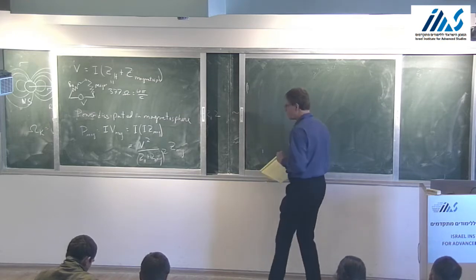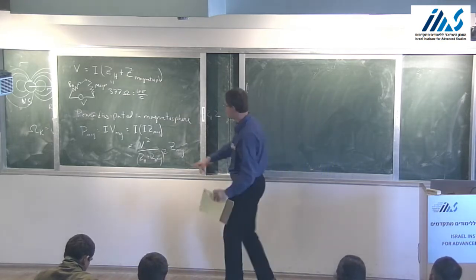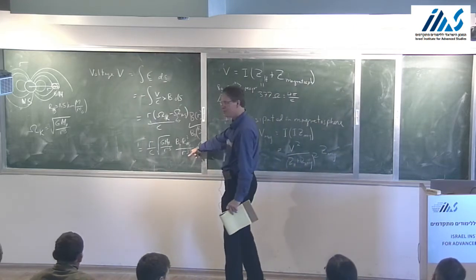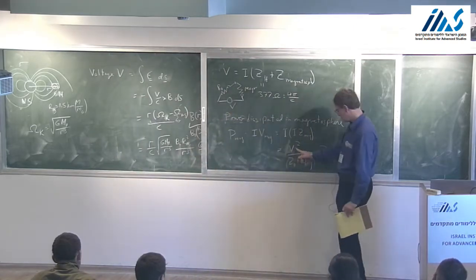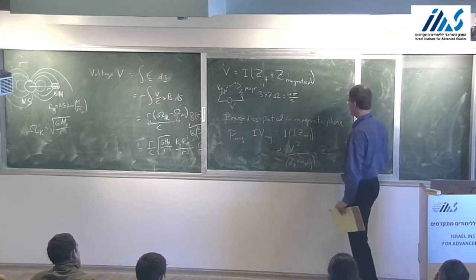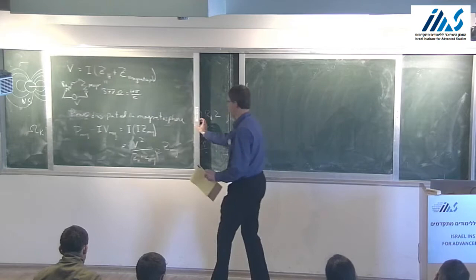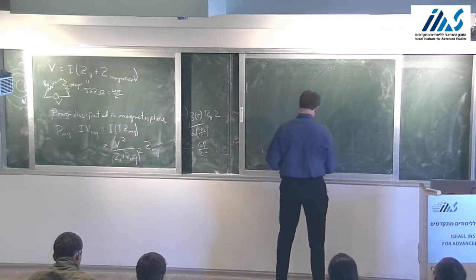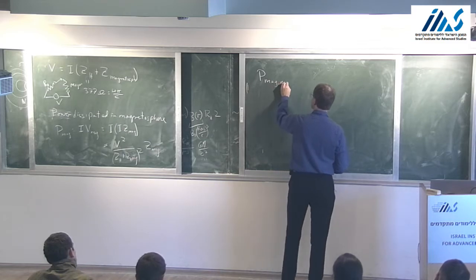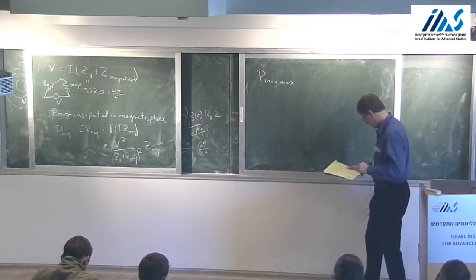So Ramiro is looking anxious, so I'll just put the numbers in. So we had the voltage that we calculated over here. Okay, we square that, plug into here, take 377 ohms for the magnetosphere. That will give the maximum power, and we can now calculate the maximum power. So I'll skip the algebra and write down this maximum possible power that we could extract in the magnetosphere.